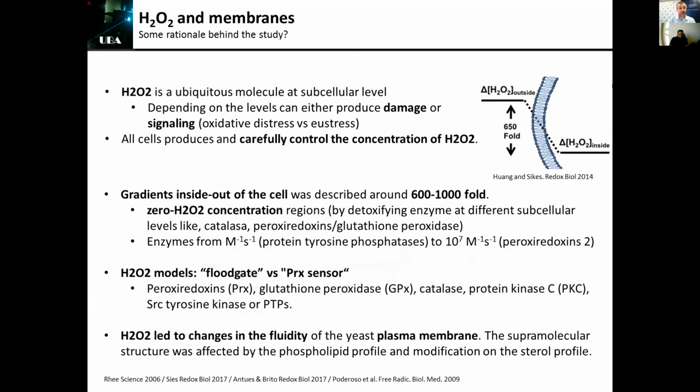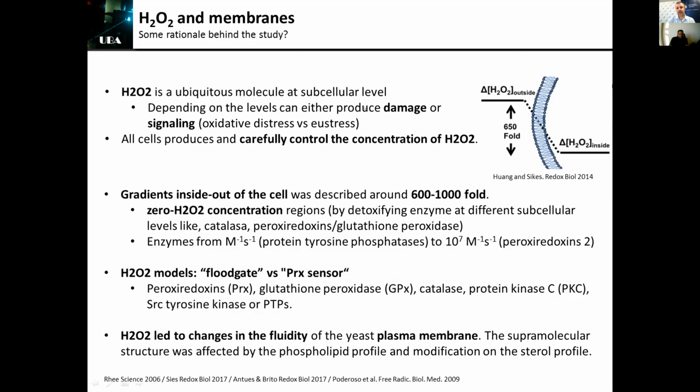I'm not an expert in oxidative stress. I just know a little bit, but I want to point out that hydrogen peroxide was basically considered a bad thing for cells because it can produce damage. But in the last 10 years or so, a concept emerged in biology, which is the difference between oxidative stress and eustress.